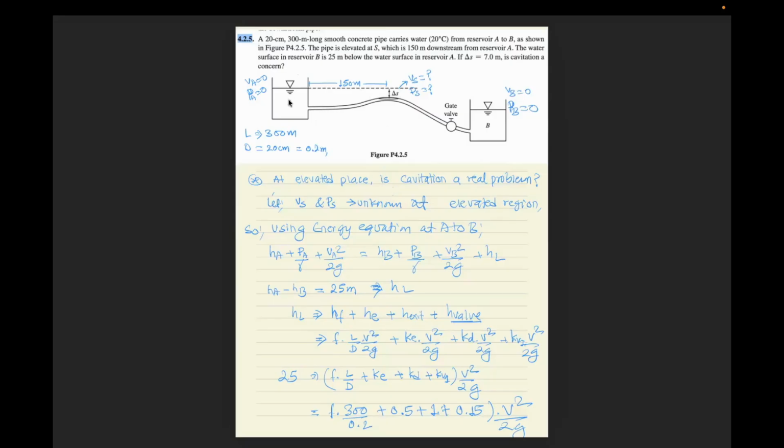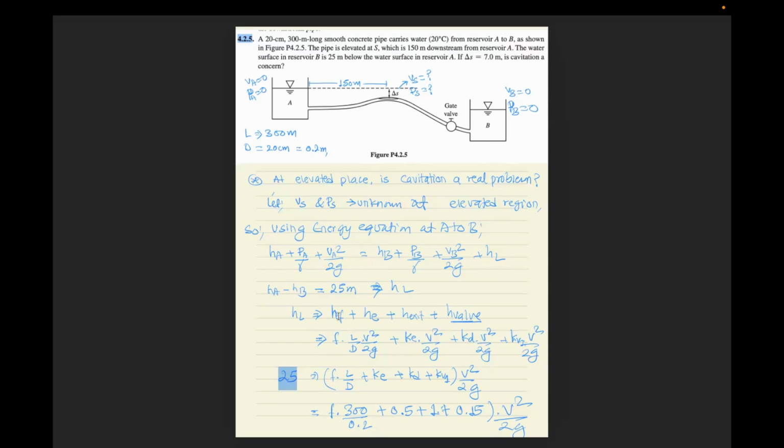So we will apply the energy equation from reservoir A to B. Another crucial thing that you need to remember is that here there is a gate valve, so we need to take care of this as well. Using the energy equation, the heads HA and HB differ by 25 meter, and like I mentioned, we need to consider the head loss from the gate valve as well.